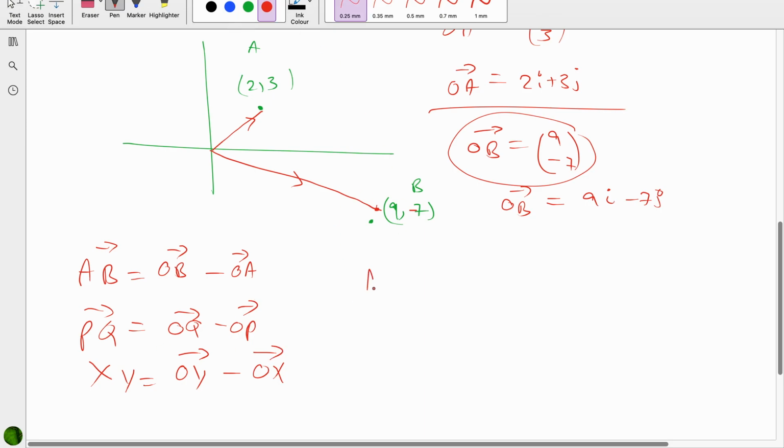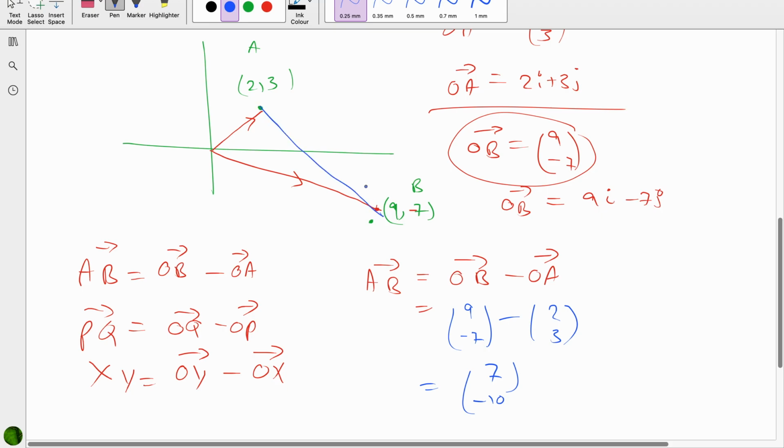So in case of AB, if we have to find AB, AB is OB minus OA. Now OB and OA are position vectors, so we just copy them. OB is 9 minus 7, minus A is 2 3, so we simplify. 9 minus 2 is 7, 7 minus 3 is minus 10.